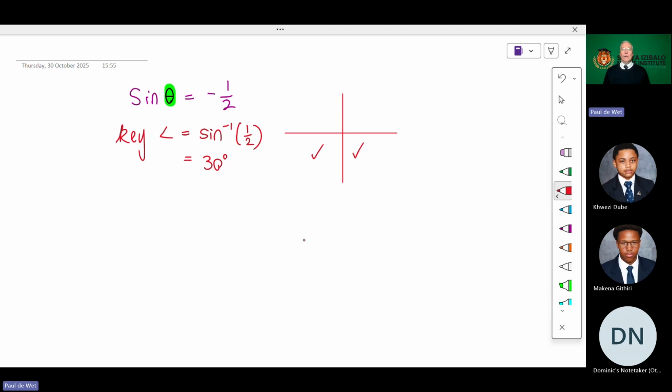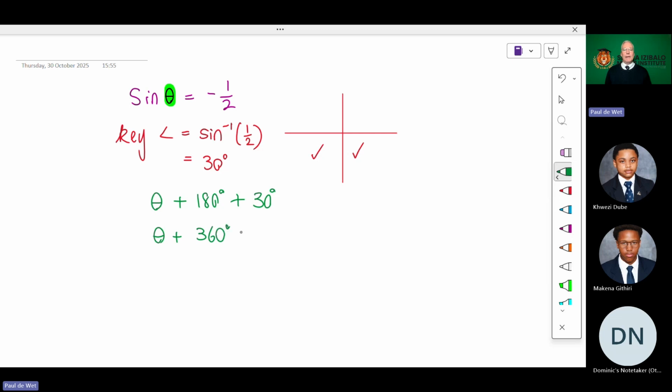Okay, and now the way we get into quadrant 3 is we will go 180 degrees plus our key. So 180 plus 30, and that will give us 210 degrees. The other one is to go 360 minus 30.